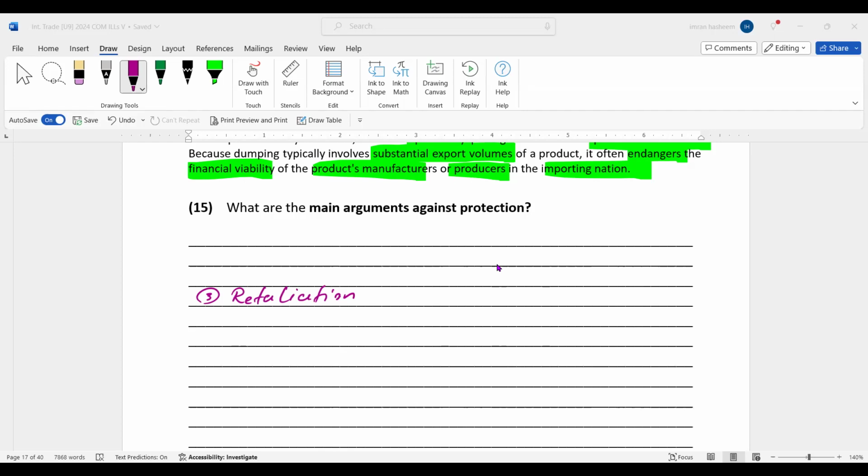Self-interested, because I'm not reading it out of the thing, I'm summarizing it for you. Self-interested, commonly harmful. Am I correct? Commonly harmful protection. Okay, right.